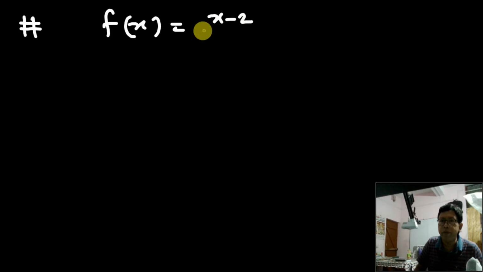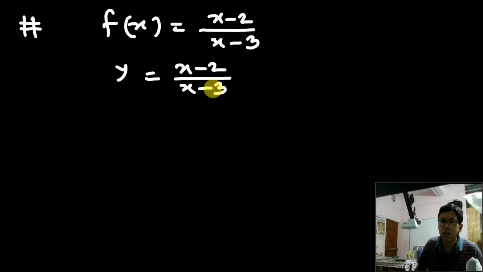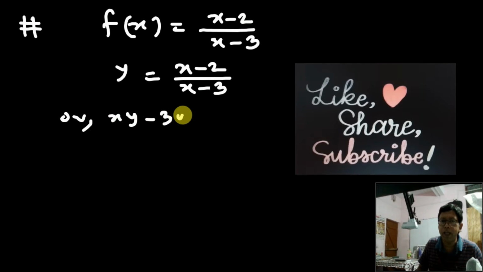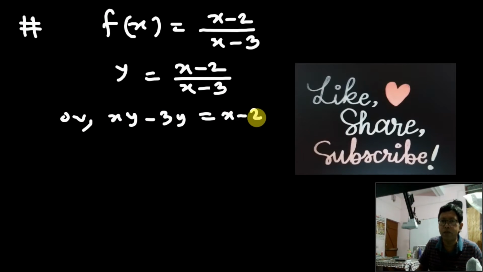Say f of x is equal to x minus 2 divided by x minus 3. So we take y is equal to x minus 2 divided by x minus 3. Cross multiply, you will get xy minus 3y is equal to x minus 2.